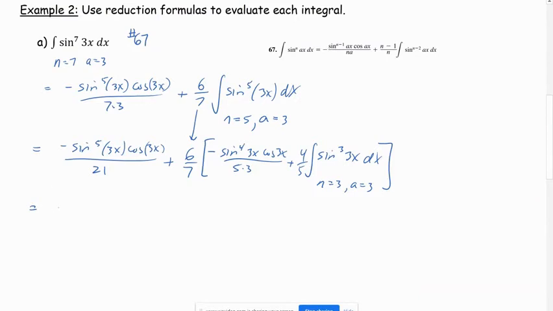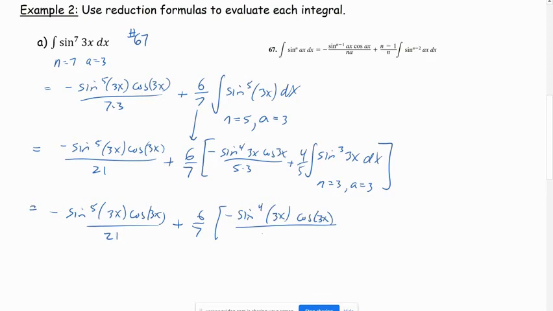And so now our next one is negative sine to the 5th of 3x cosine 3x over 21 plus 6/7 negative sine to the 4th of 3x cosine 3x over 15 plus 4/5.